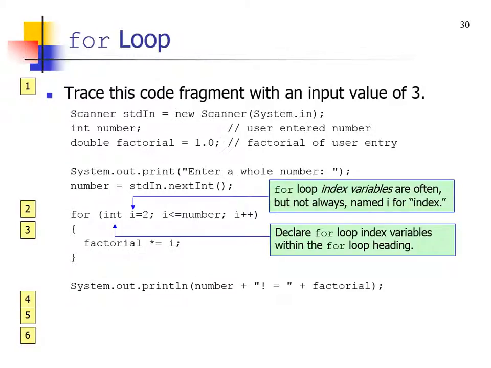And again, here's a for loop. i equals 2, i is less than or equal to number. Number was what was read in. If it's not, then your number factorial won't work. Oh, I'm sorry, i is going to start with 2. So factorial times equals i, and that's how it'll come out to be.